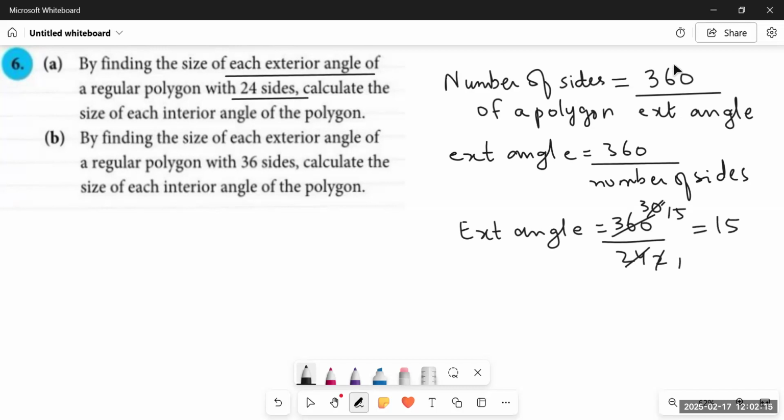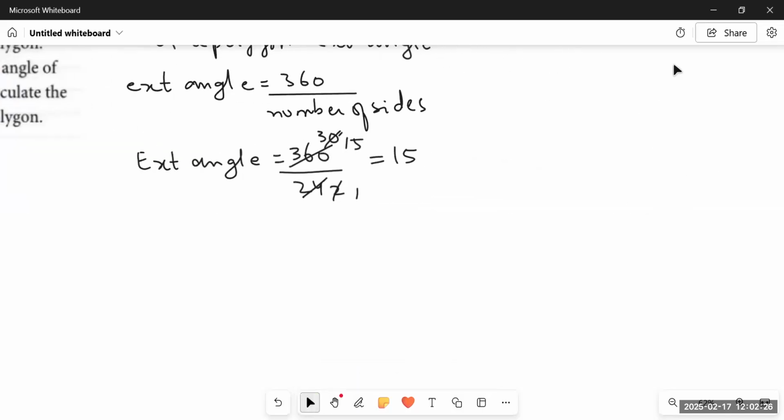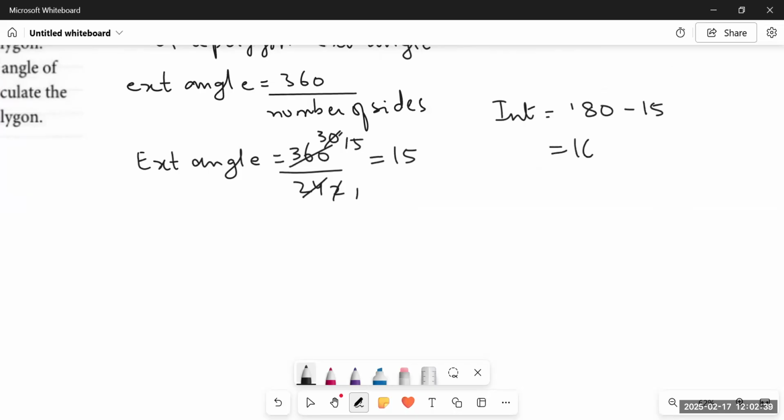And when we come to know the measurement of the exterior angle, we can easily figure out the interior angle, because exterior angle and interior angle are supplementary. The sum of an exterior angle of a polygon and the interior angle of that particular polygon would always be 180 degrees. So interior angle would be simple: 180 minus 15 is equal to 165.